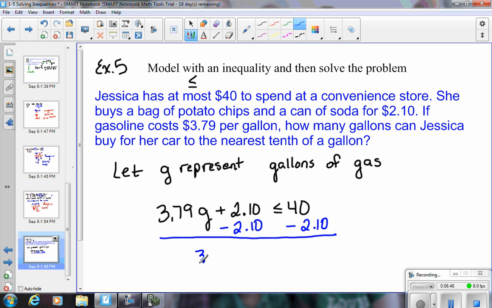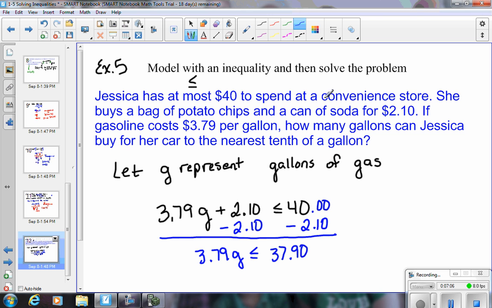So we get 3.79 G less than or equal to, and remember here you are going to have to do a little borrowing. We're going to have 90 cents, and we'll only have $37.90 when you do the borrowing on that.